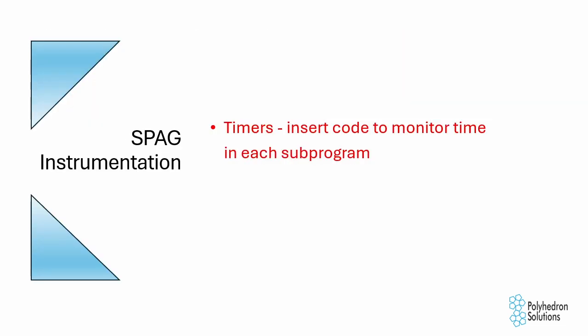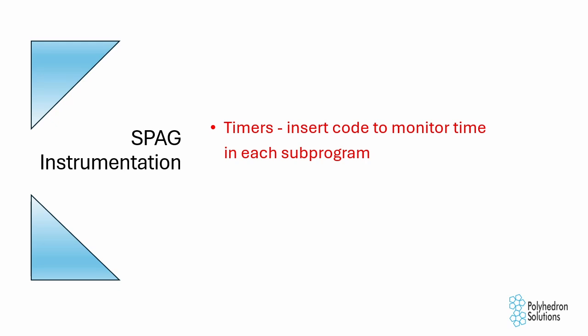The final part of this talk is about instrumentation, the ways that SPAG has to allow you to create a test program with special code implanted inside, which enables you to determine certain things about your program. One thing, for example, is timers.